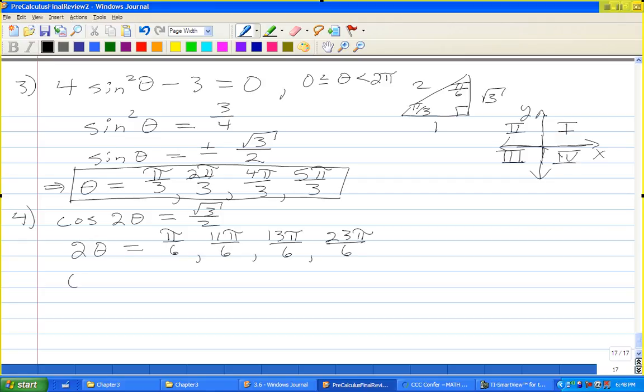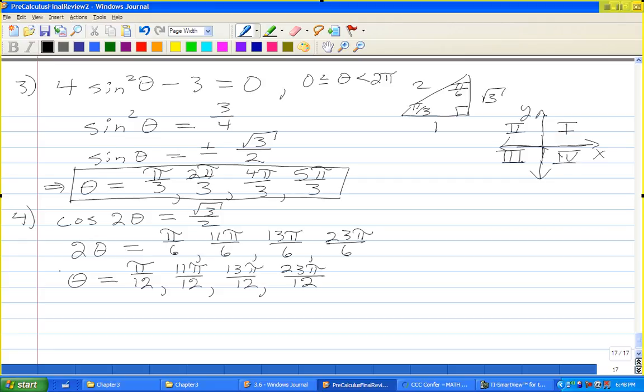So therefore, theta is pi over 12, 11 pi over 12, 13 pi over 12, 23 pi over 12.